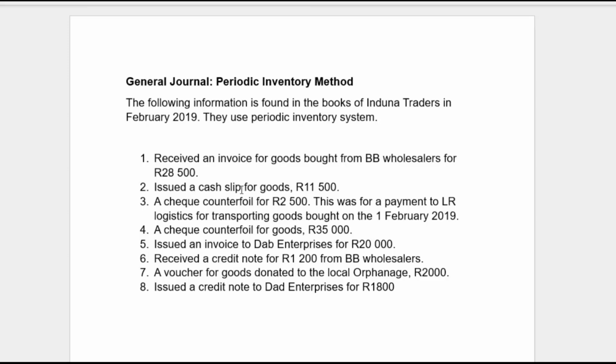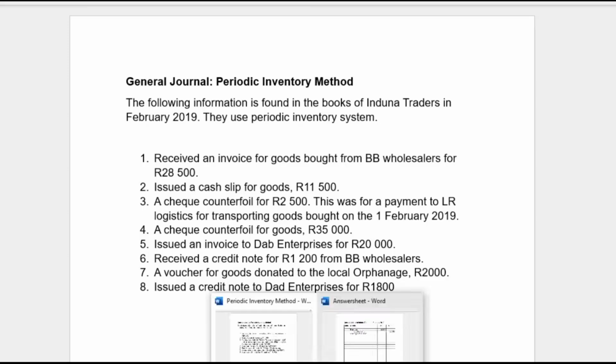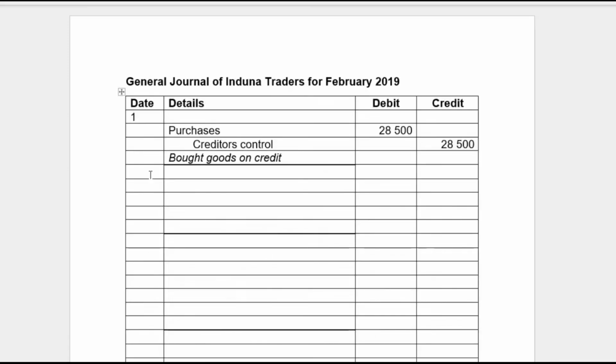So you go to your answer sheet there. You say number 2, and then you debit bank and credit sales because you sold, and then the narration there will be goods sold for cash.